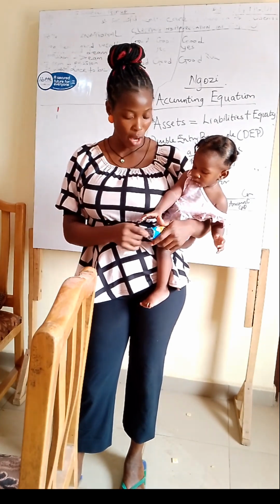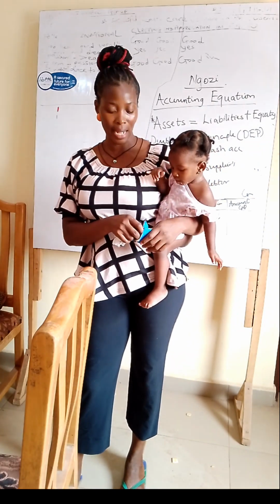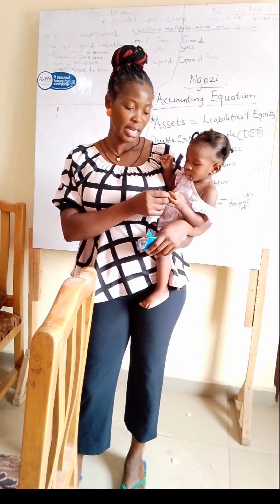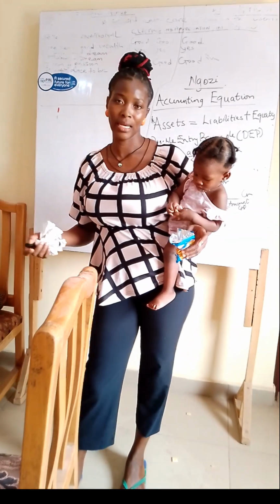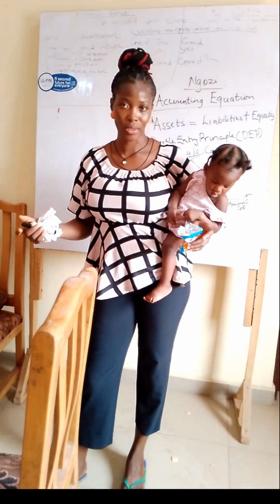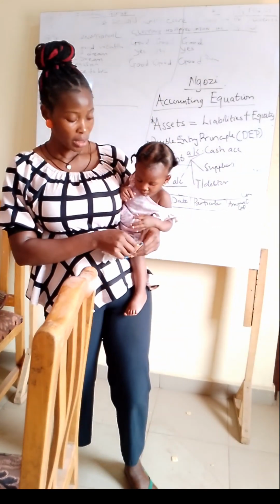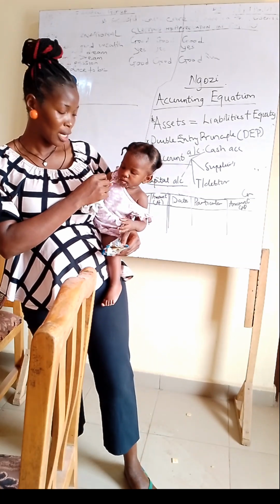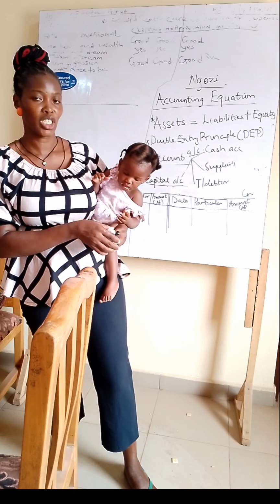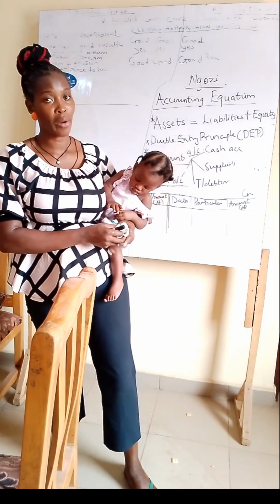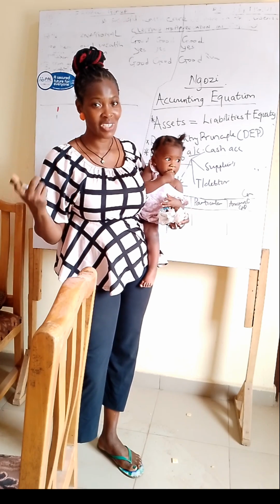So that would require us to open a cash account or a bank account, as the case may be. If his father decided to transfer the money directly into his son's bank account, then it will mean that he wouldn't have the money in cash. But if the father counted 100,000 naira to give him in cash, then that would require us to open the cash account.